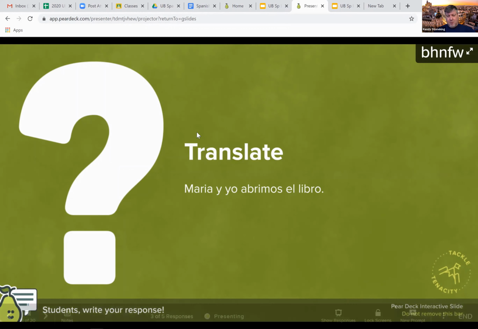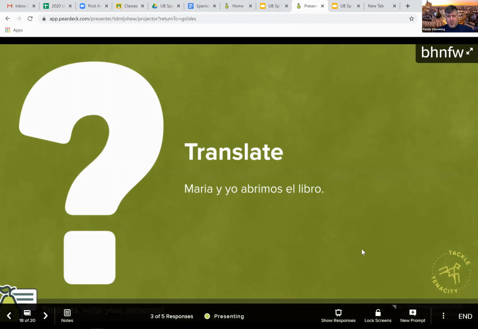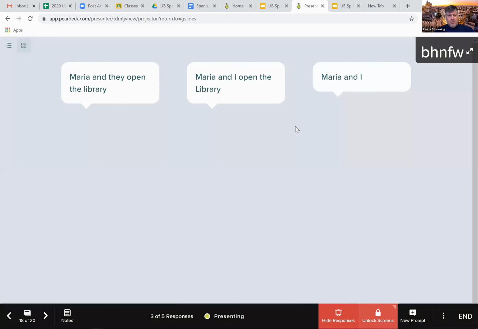Five, four, tres, dos, uno. So, María y yo abrimos el libro. Maria and they opened the library. Maria and I opened the library. This is not a library, but you're on the right track.